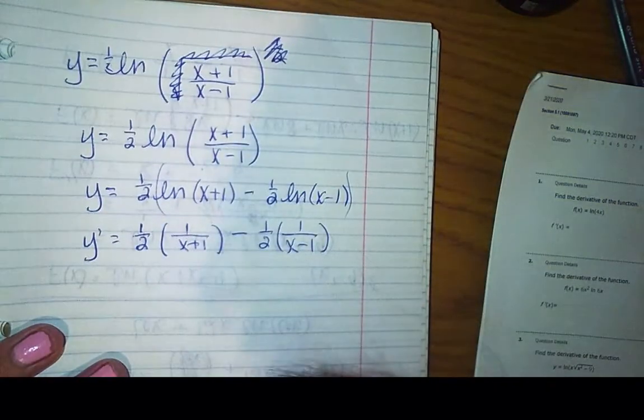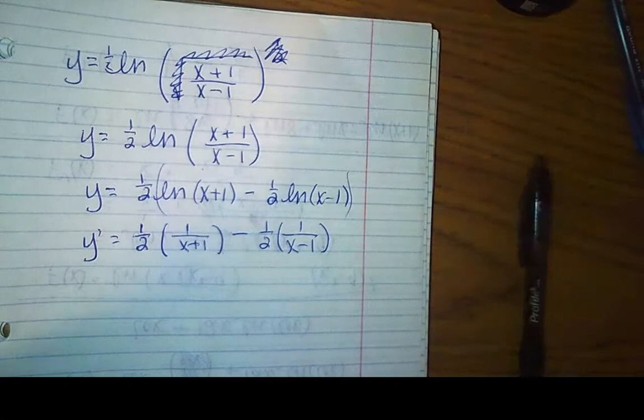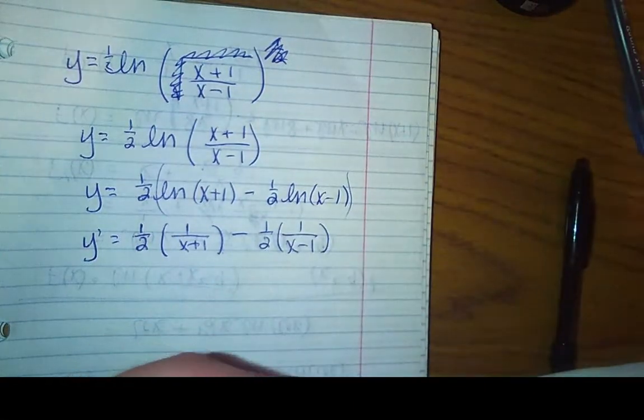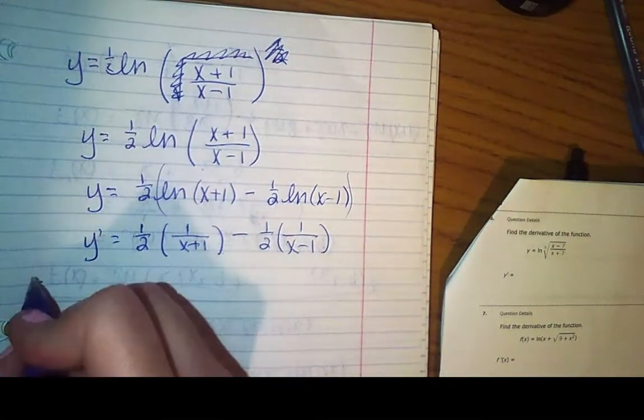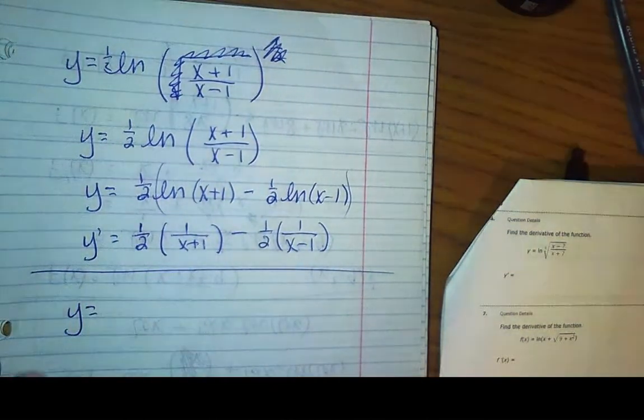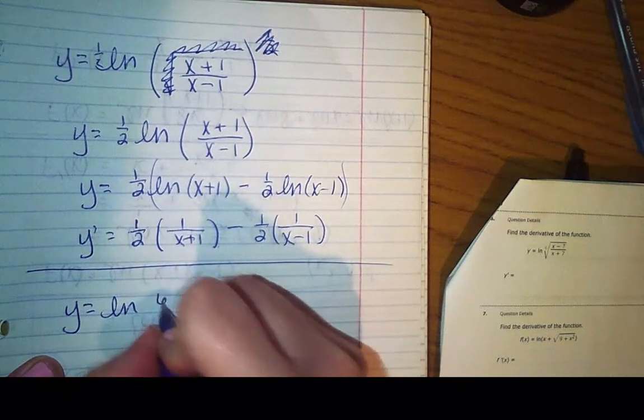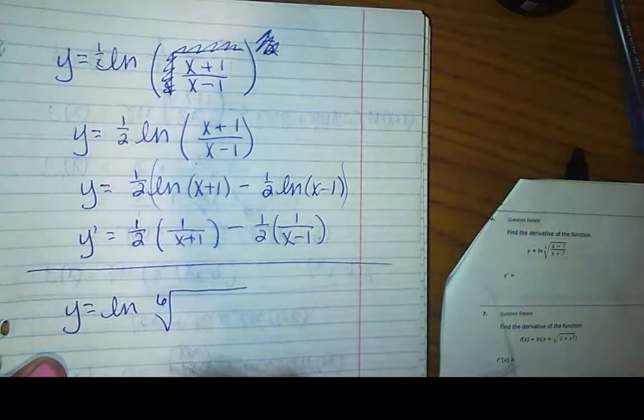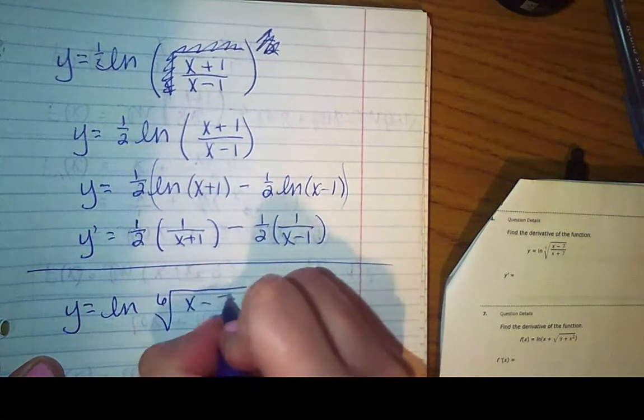Let's do some more. All right, so we've got another similar one. So y equals the natural log of the 6th root of x minus 7 over x plus 7.